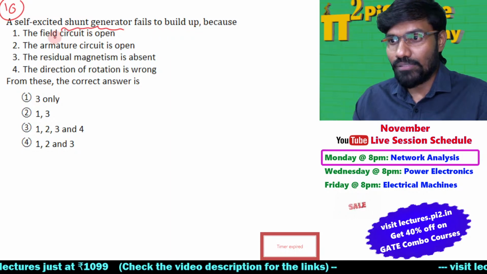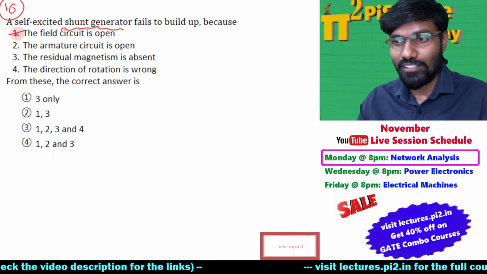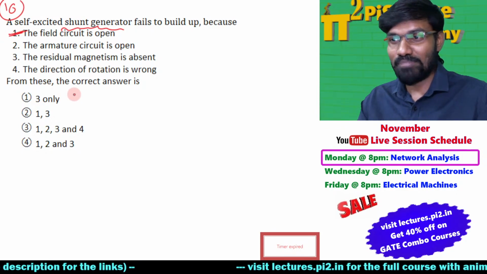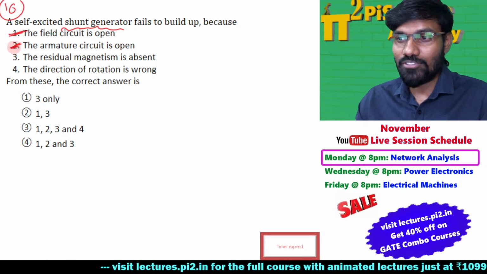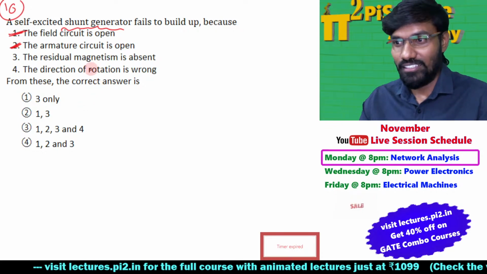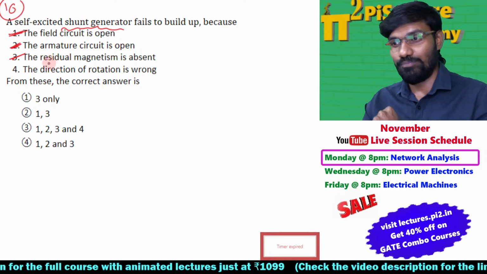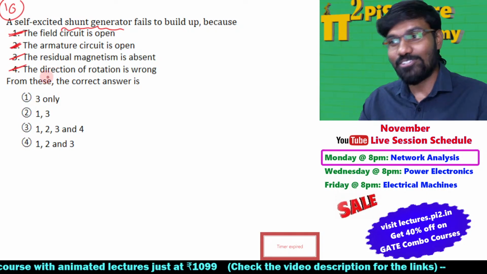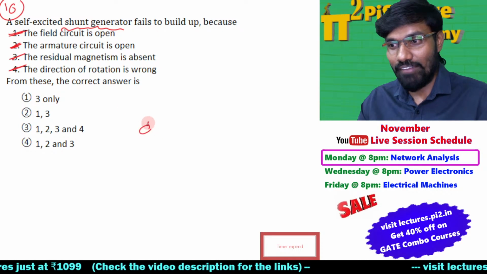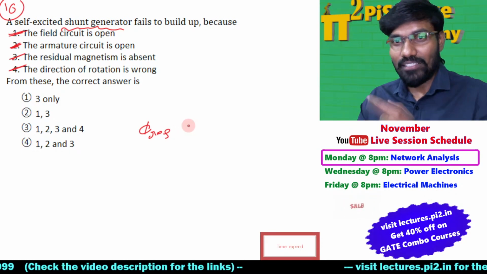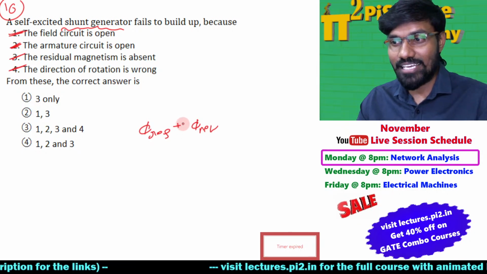If the field circuit is open, obviously field current will not flow, so there won't be any further build-up of voltage. Yes, this is right. Armature circuit open is also true. Residual magnetism absent is also right; we need to have residual magnetism. And direction of rotation wrong also matters. We have residual magnetism, but the new flux created by the new current must be in the same direction.